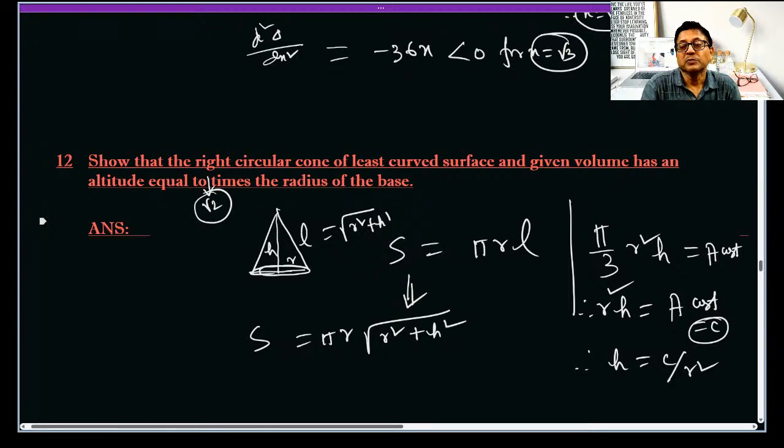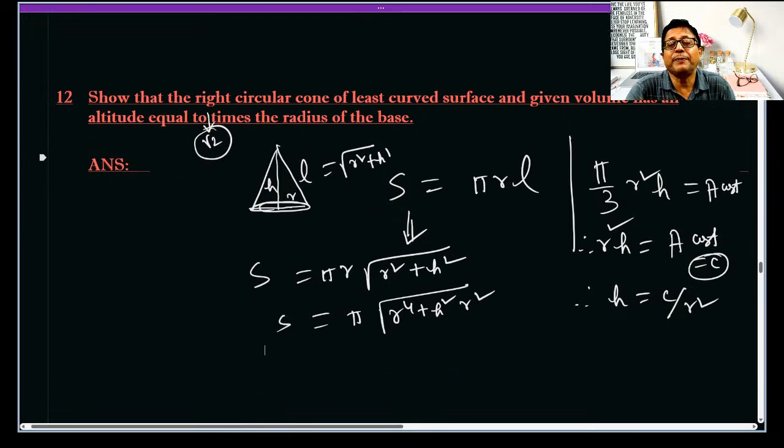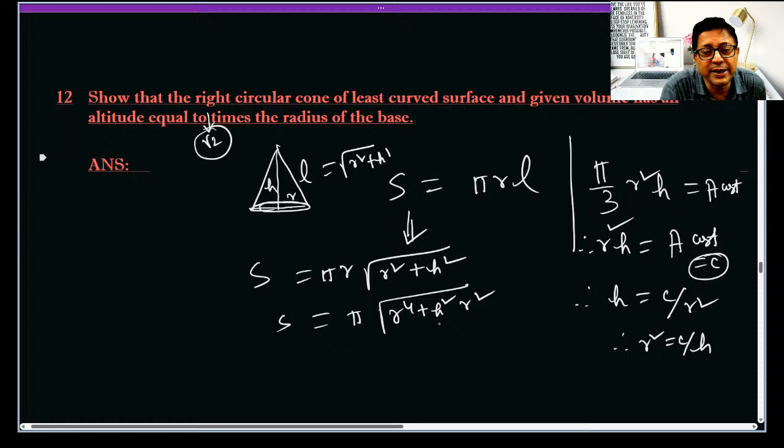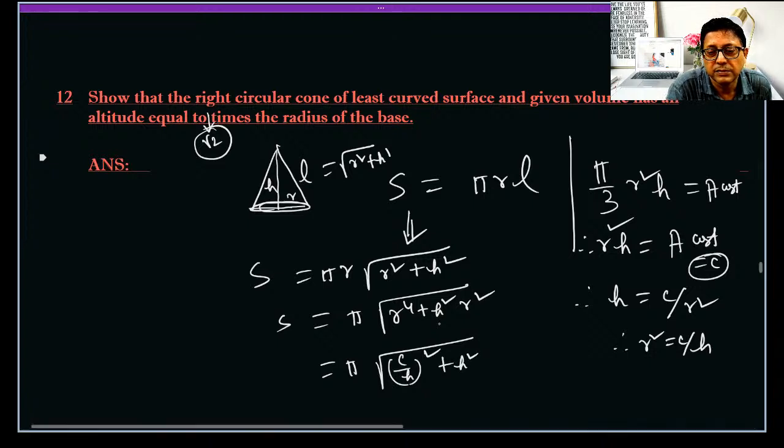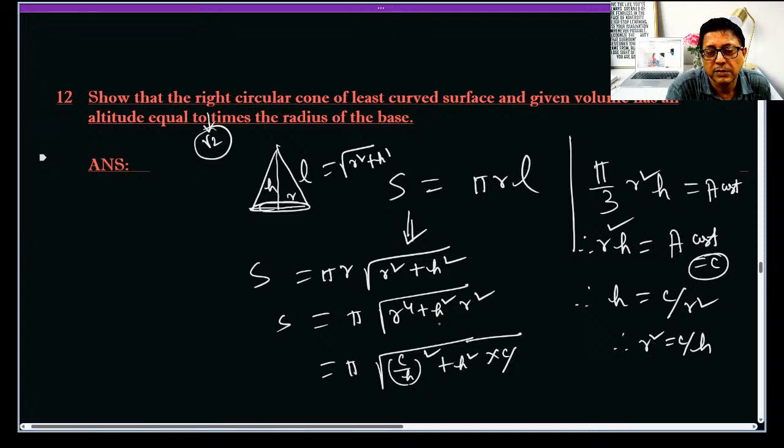Now r can be taken inside. Your calculation will be better if you keep it in terms of H, not in terms of R. R square is C by H.